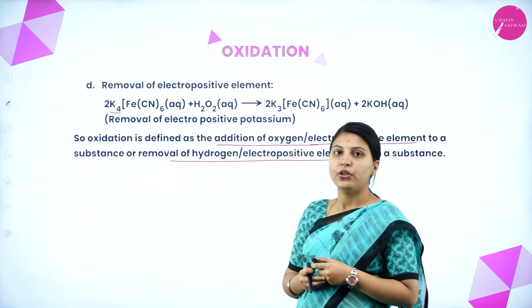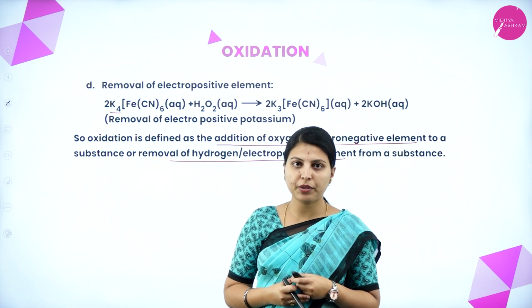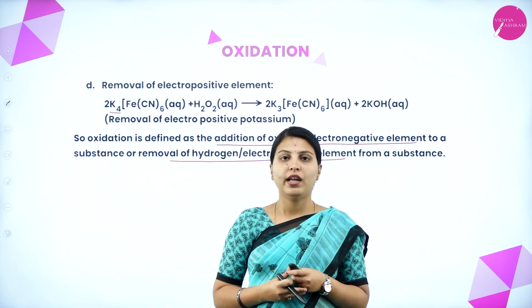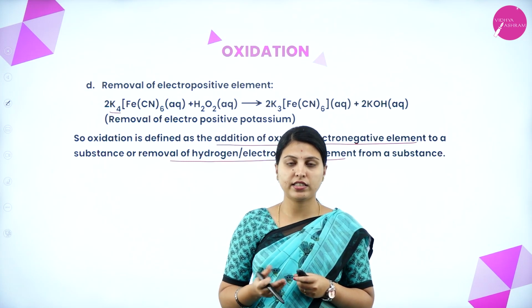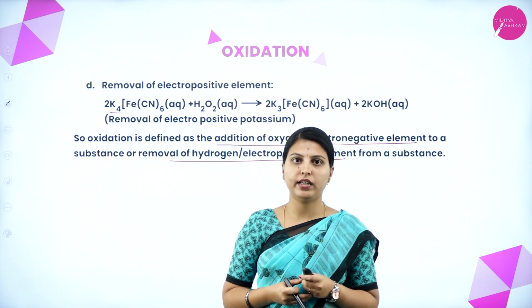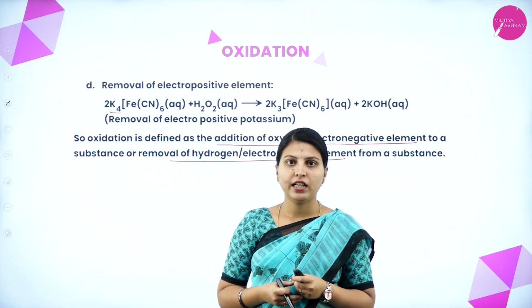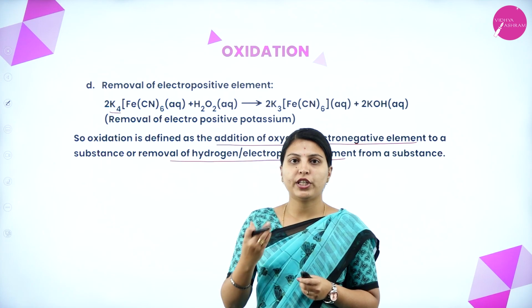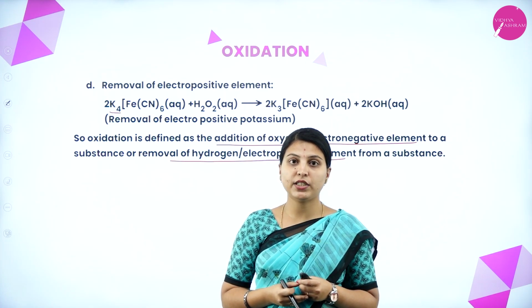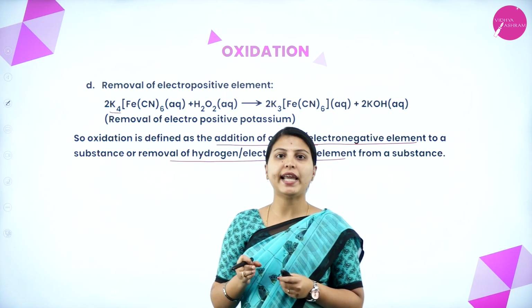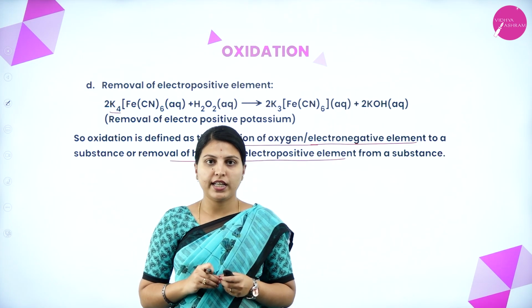And usually you have seen so many examples from your previous classes also in your daily life, like rusting of iron or corrosion of any metals, and rancidity, where oil gets oxidized and becomes rancid. These are some examples of the oxidation process.